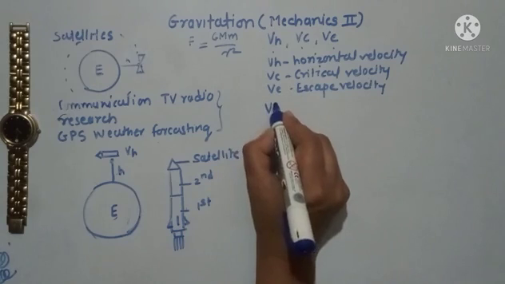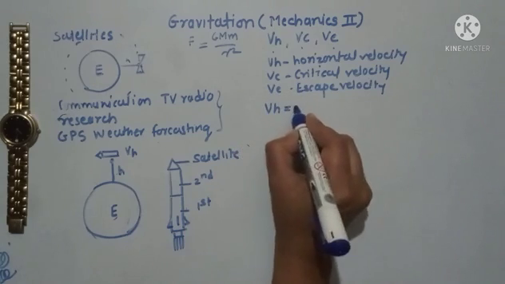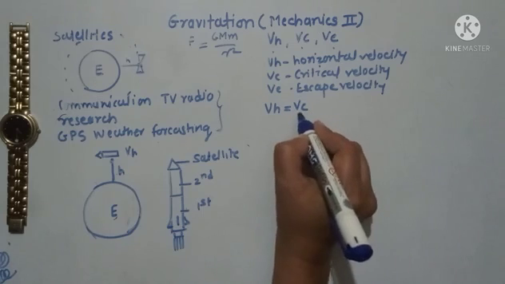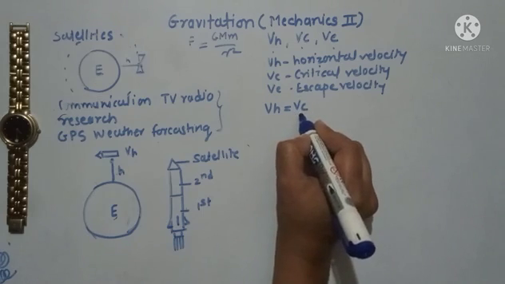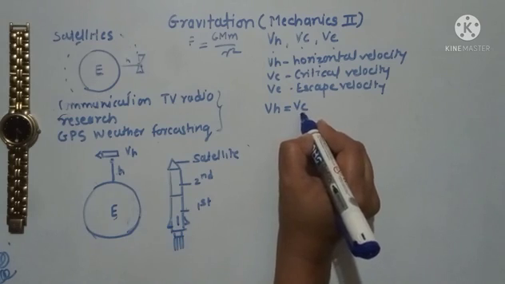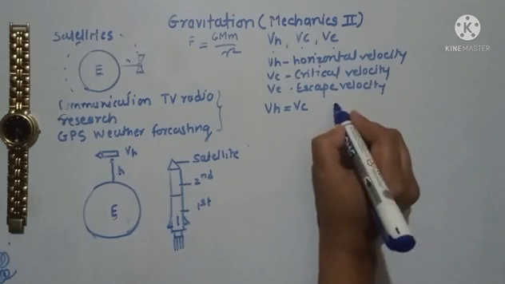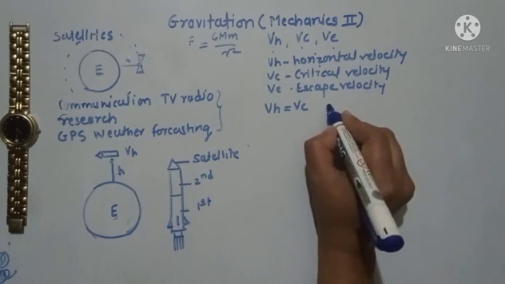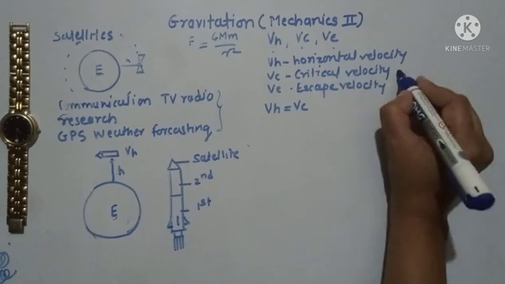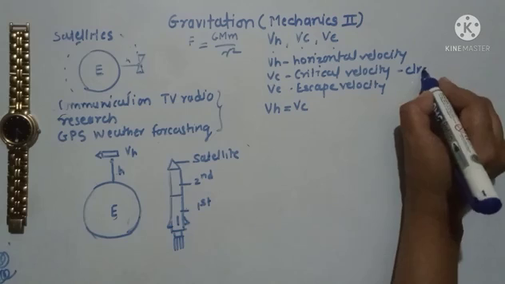When the horizontal velocity is exactly equal to the critical velocity, note that the critical velocity is the velocity required for a satellite to complete circular orbits. Therefore, it is called the critical velocity, or the velocity required for circular orbits.